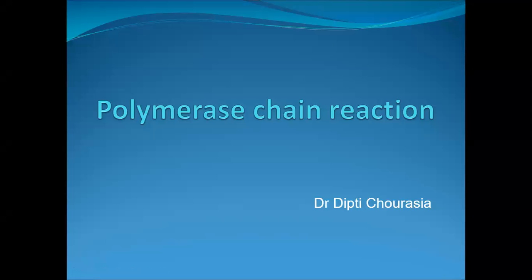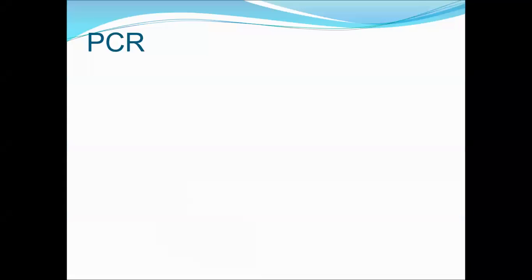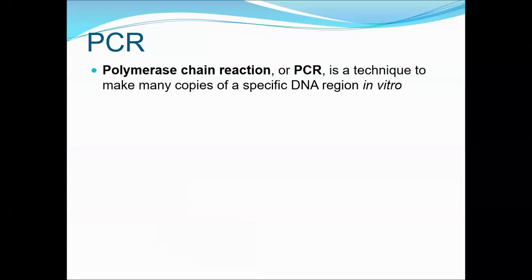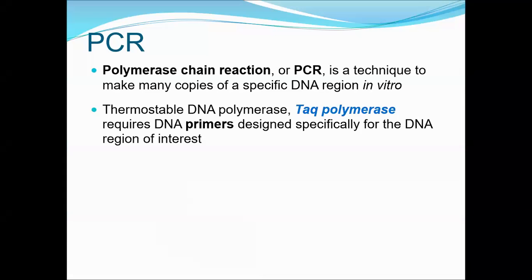Hello, dear students. So today I am going to talk about the first topic of the fourth unit of molecular biology and genetic engineering, which is the polymerase chain reaction. That is also called PCR, and you have done PCR in your practicals in genetics as well as in molecular biology.